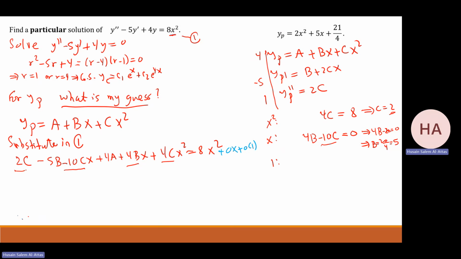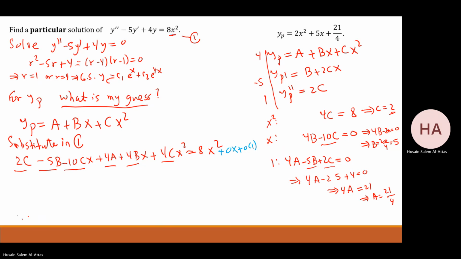Now what will be the constant? The constant I have 2c minus 5b plus 4a. So I have 4a minus 5b plus 2c, and that should equal 0. I know c is 2. I know b is 5. So I have 4a minus 25 plus 4 equal to 0. So I have 4a equal 21. So a equals 21 over 4.